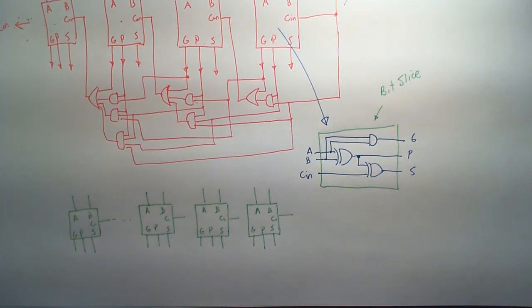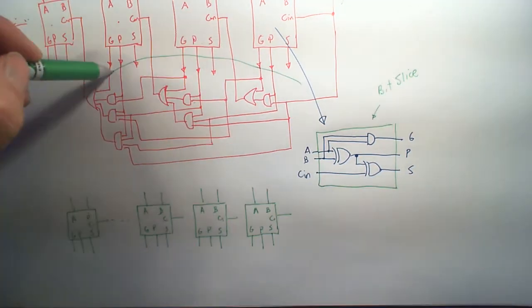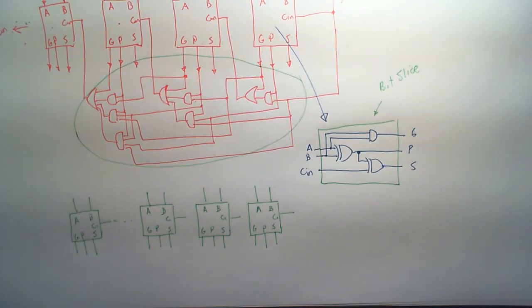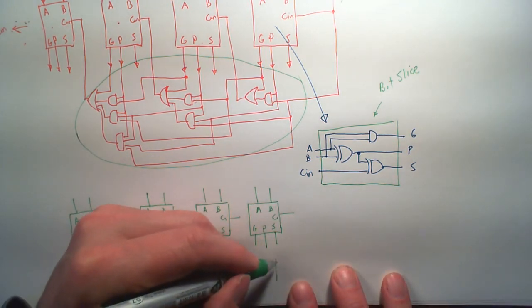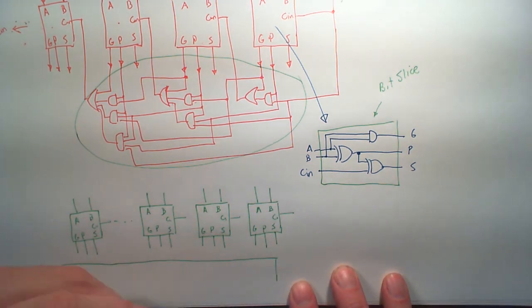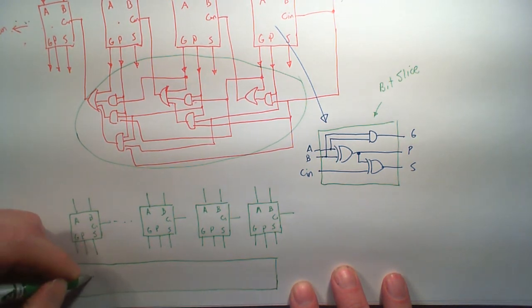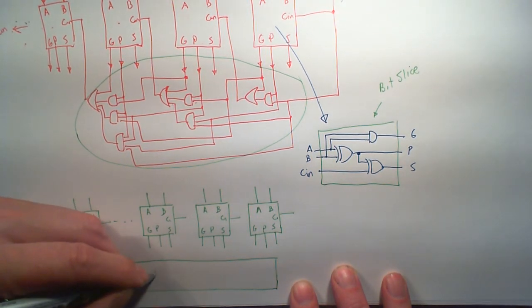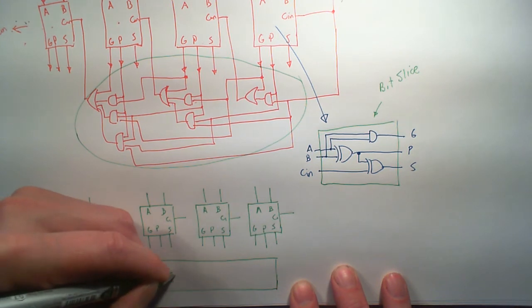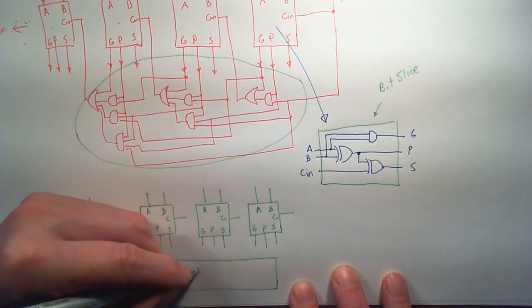Now this circuit can't live all by itself with just the bit slices. We also need to combine all of these gates into this circuit. So down here I'm going to draw another circuit, and I'm going to call this circuit the carry propagate/generate network.